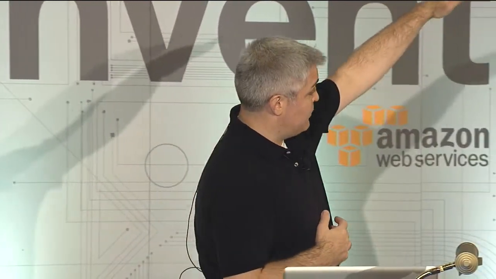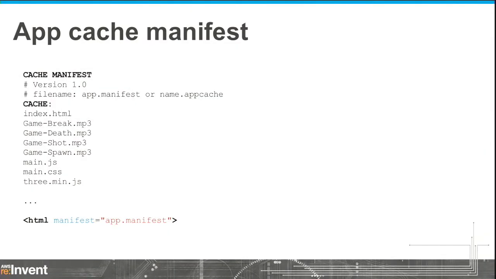What happens is you can say in the header of your page, I want to use a cache. And then you list out every single asset that your application uses. It's a very simple file. The browser will check this file, download everything, and store it.